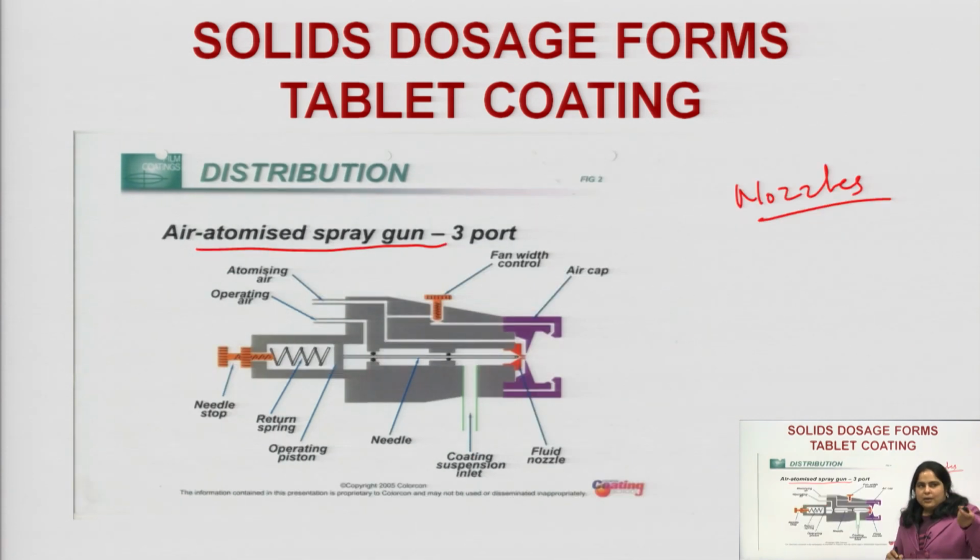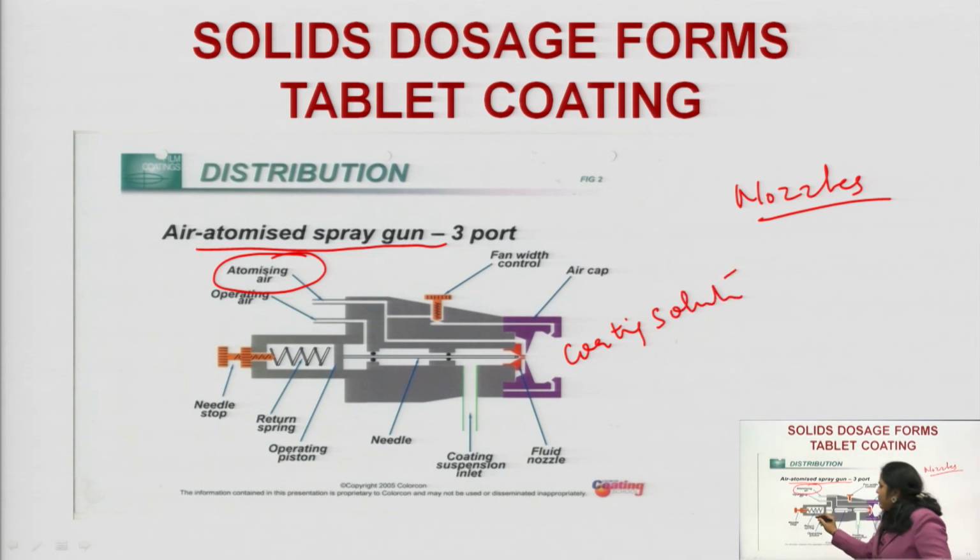And the next one is the air atomized spray gun process. In the air atomized spray gun process, air is used for atomization of the coating solution. When we push this spring, vacuum is generated, coating solution is sucked in, and atomizing air enters from here.